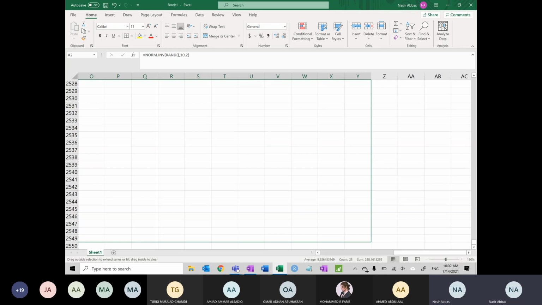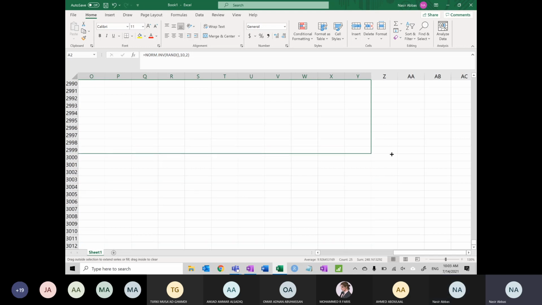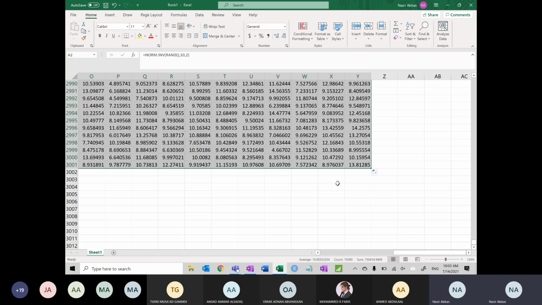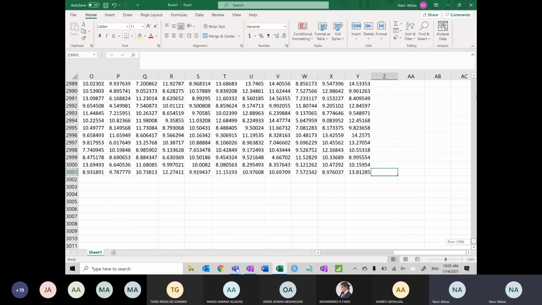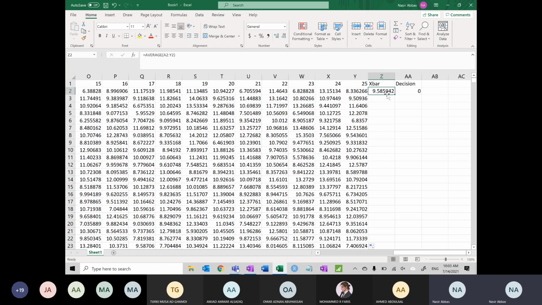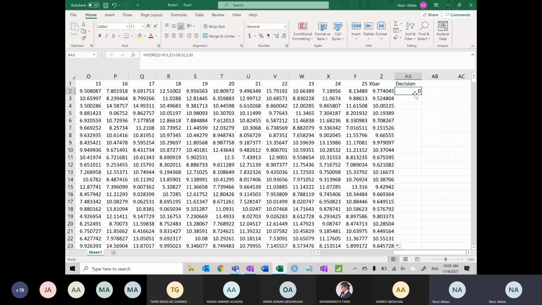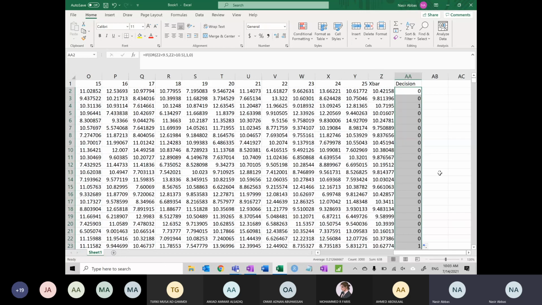21%. If the number of samples I'm generating were infinity, you would exactly get 21.12. But I'm doing it only 3,000 times. Each time I calculate X bar and apply this decision.